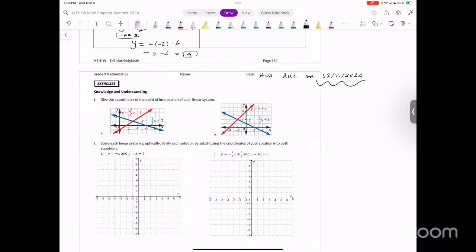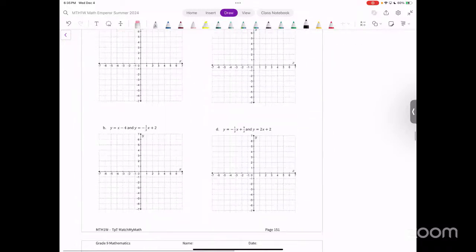Write it down, the whole homework. Next Monday it's due. It's on linear relations, graphing, finding point of intersection, because I need to move on to today's topic. Are you following that? All right.